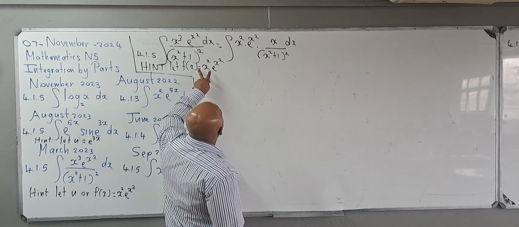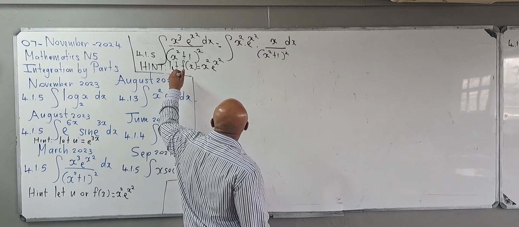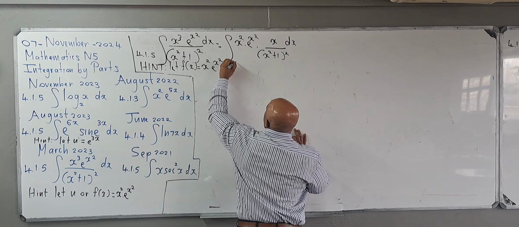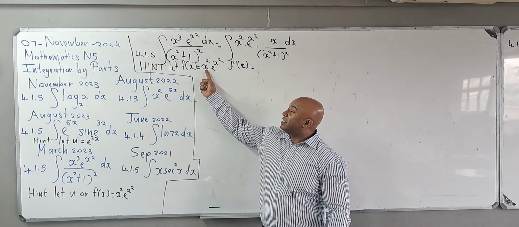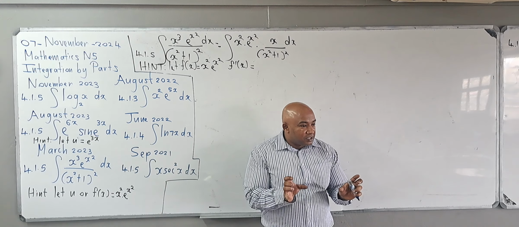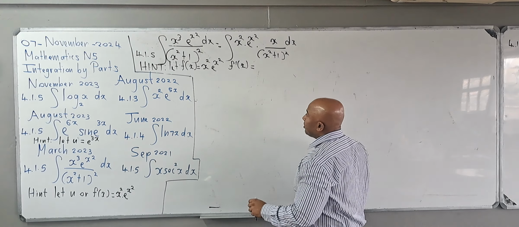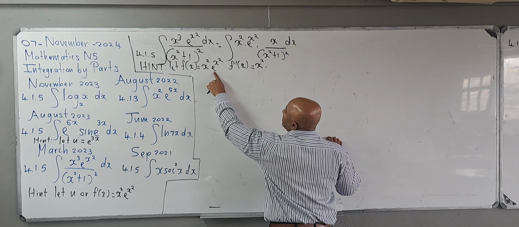So if f of x is equal to this, and this is a multiplication problem, then f prime x, in order for me to differentiate this, I need to use the product rule because it's multiplication. So the product rule is copy the first, differentiate the second.